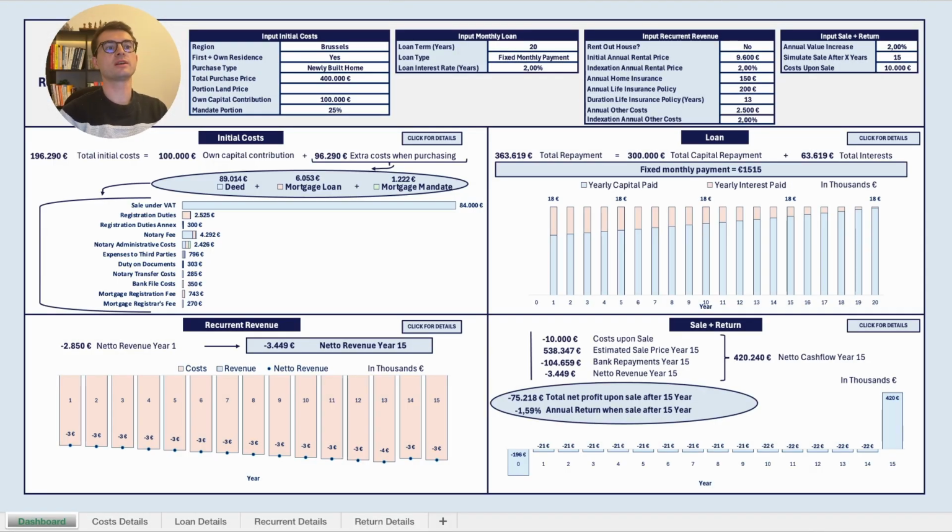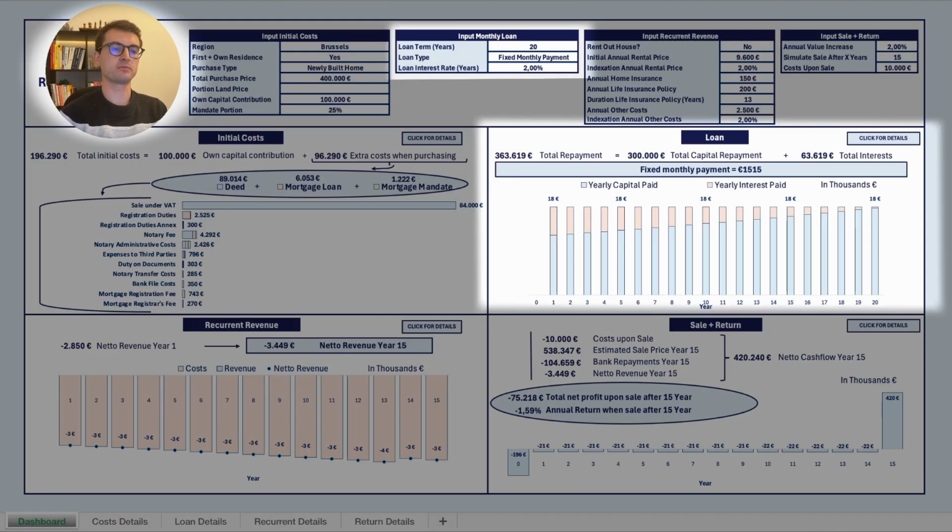Then the second block is the loan, and here it is important to understand how your interest rate, your loan duration, and your initial down payment affect your monthly repayments and also the total interest that is paid over time. And together with the initial costs, they directly influence your cash flow and your overall profitability over time.